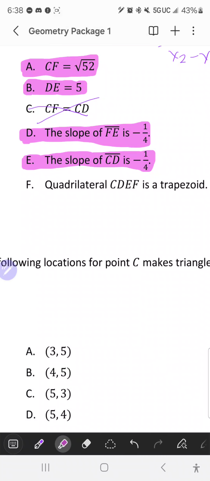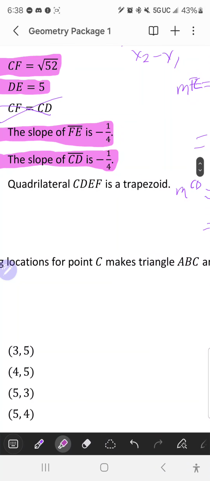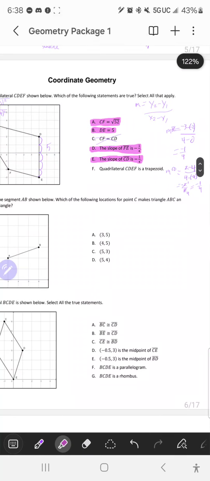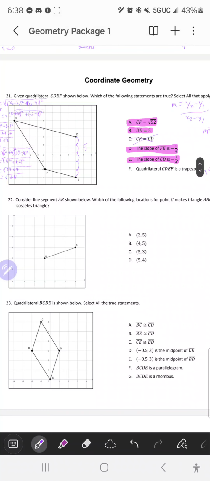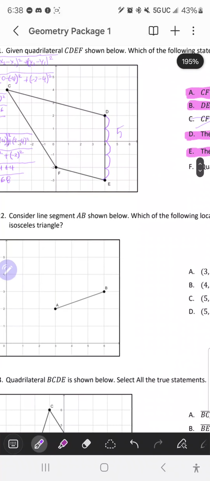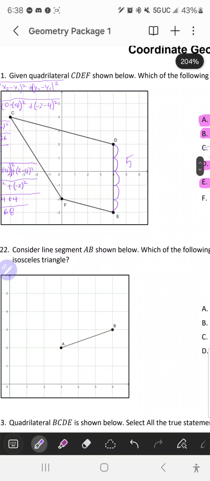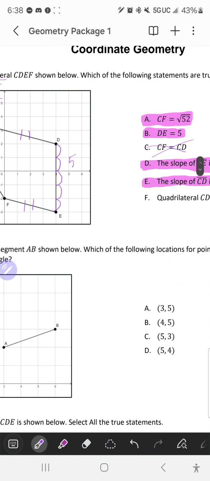Now it says that quadrilateral CDEF is a trapezoid. Yeah, it is a trapezoid. We could say that as soon as we saw it, but you can see that this line is parallel to this line because they have the same slope.